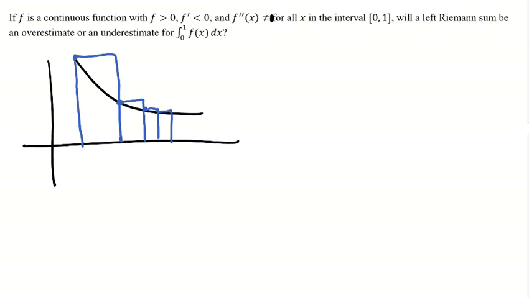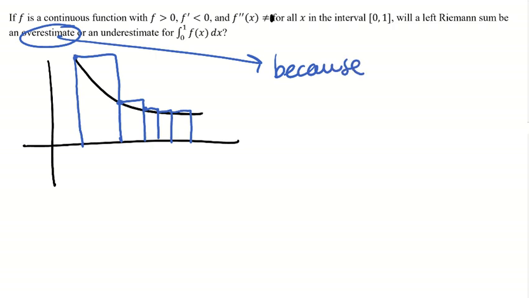Either way, you can tell that this is going to be an overestimate by the picture, because, using the terminology they gave us in the statement of the problem, f prime of x is less than 0 on 0 to 1.